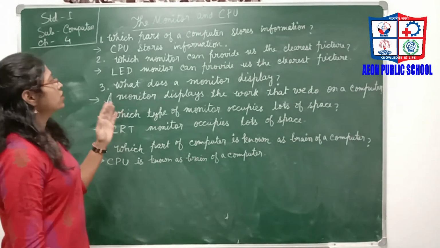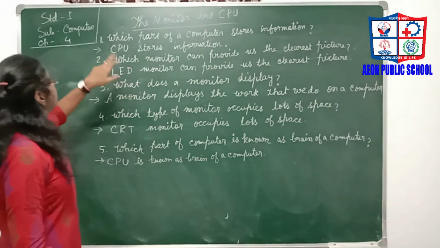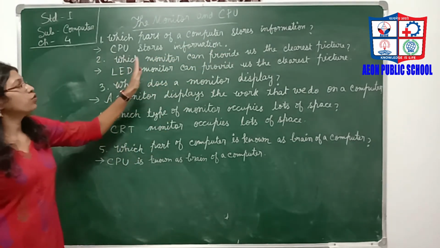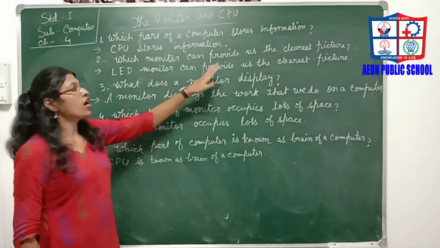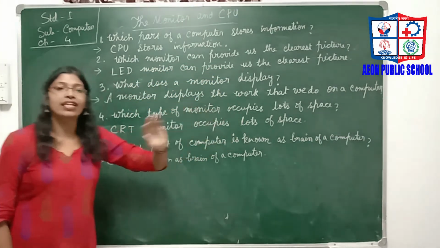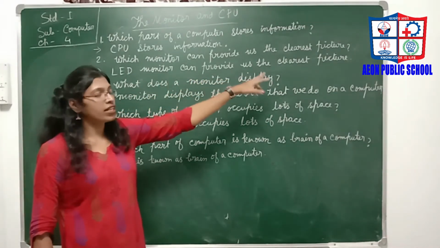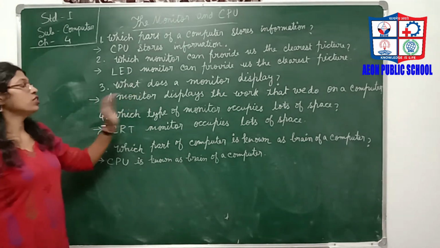Now we will discuss the question answers of this chapter. Which part of a computer stores information? The CPU stores information. Which monitor can provide the clearest picture? The LED monitor. Question 3: What does a monitor display?